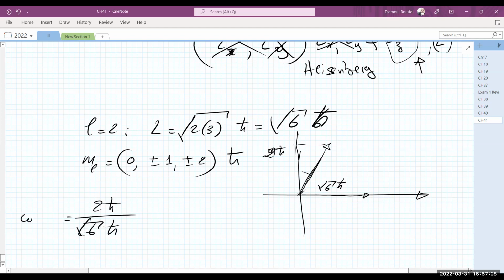At the end of the day, this will be the cosine of this angle, theta. So you can find what that angle is. Then you do the same thing for the second one, which is ML equals 1. So this becomes 1 h bar, and the second angle will satisfy the condition cosine of theta equals 1 over square root of 6. And this one is 0. And the others you can find by symmetry. And that's it. That's in a nutshell how the orbitals are going to look.